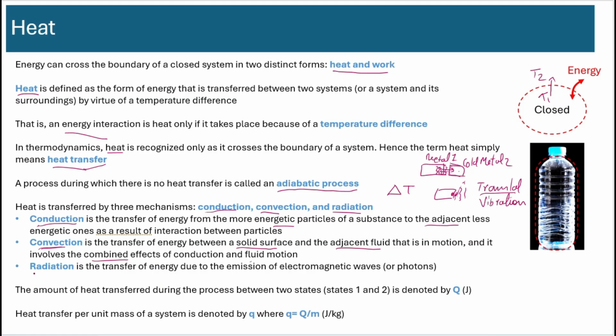The third energy transfer method is radiation, and it's due to emission of electromagnetic waves, primarily in the thermal wavelengths in the infrared region. As you know, it is usually proportional to the temperature to the power of 4 of one body versus the other. So radiation is the other means of heat transfer.